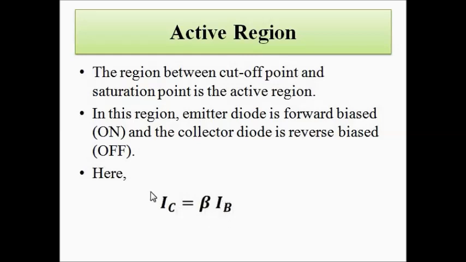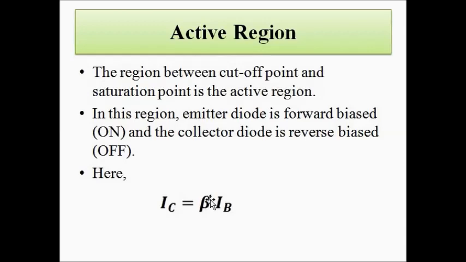Now please pay attention that all these things we are discussing are about the common emitter configuration of BJT. That's why this beta comes into play, because beta is the current amplification factor for common emitter BJT.